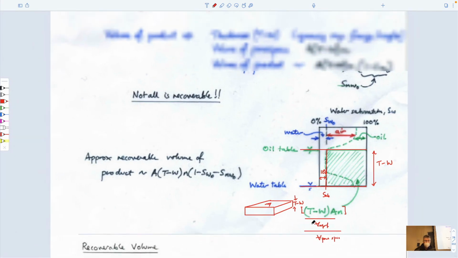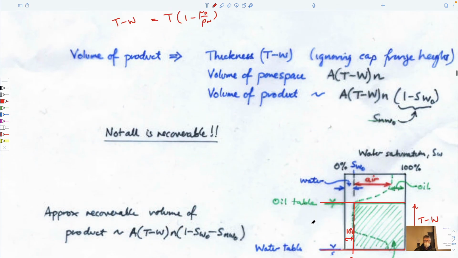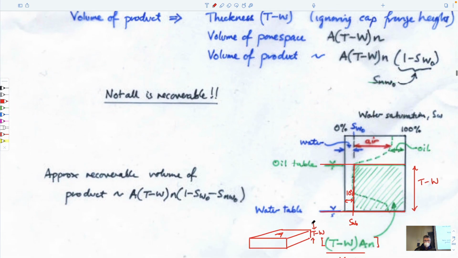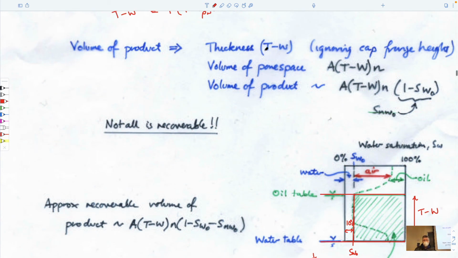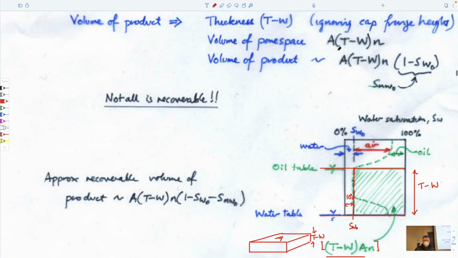And so if you take that volume, the thickness is this. This is the volume of the aquifer. This is the void volume of the aquifer if you combine them together. The amount of water that's present within the system is left there, so that's taking up volume that otherwise would be free product.